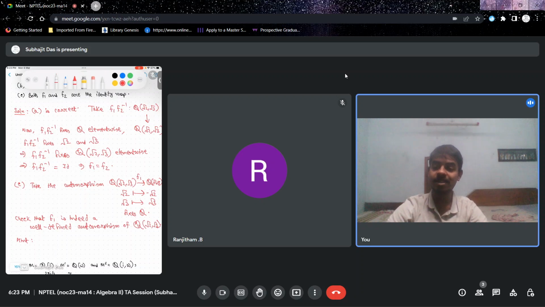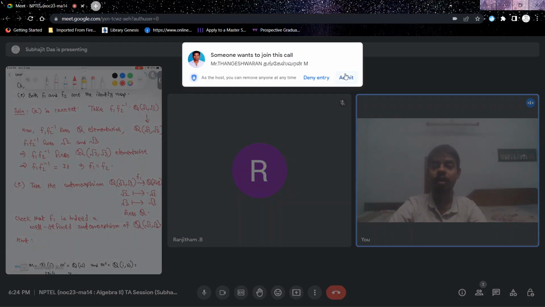which therefore shows that the number of elements in the Galois group of Q(root 2, root 3) over Q can be at most 4, right? Because for root 2 you have 2 images, for root 3 you have 2 images, and Q is already fixed. So this means there can be at most 4 elements, and since we computed that the order of the Galois group, which is equal to the degree of the extension, is 4, all these 4 elements are exactly automorphisms of Q(root 2, root 3).